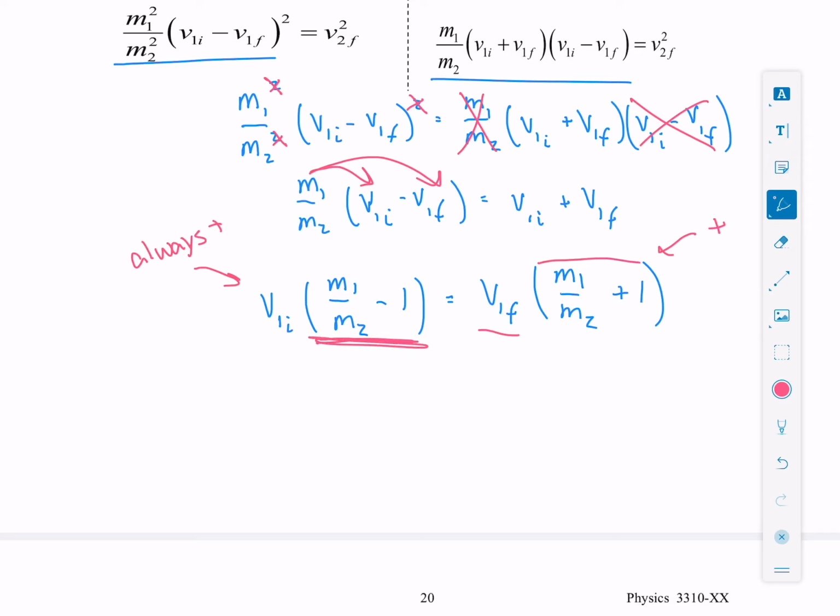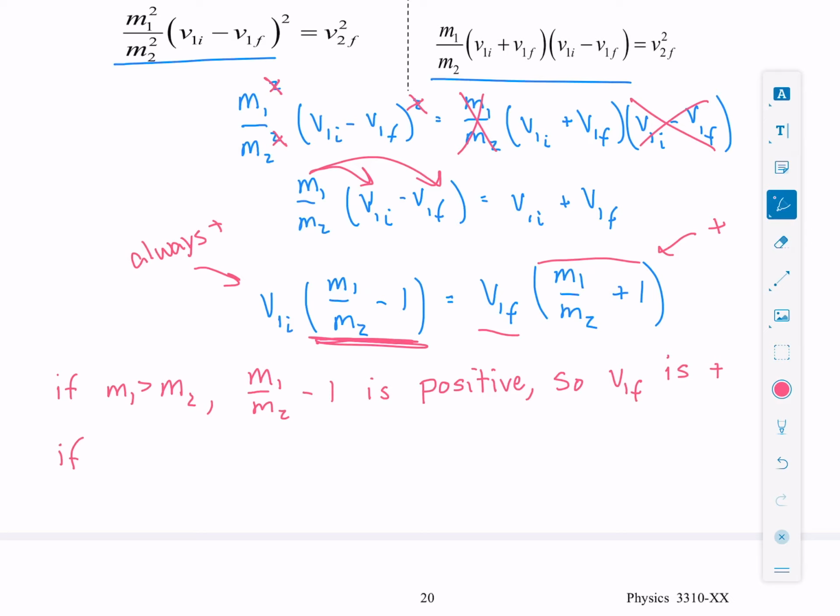So what we can say is if M1 is greater than M2, that means that M1 over M2 is greater than 1. So when we subtract 1, we have a positive answer. M1 over M2 minus 1 is positive. So V1F is positive, so it continues forward.